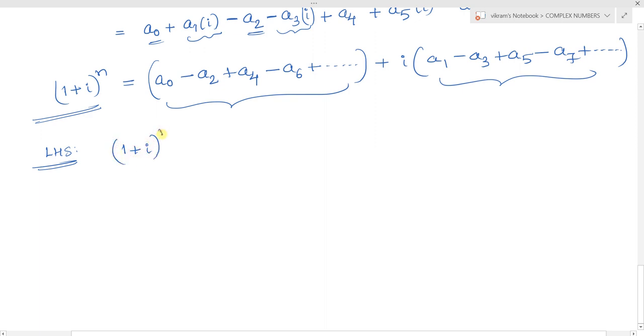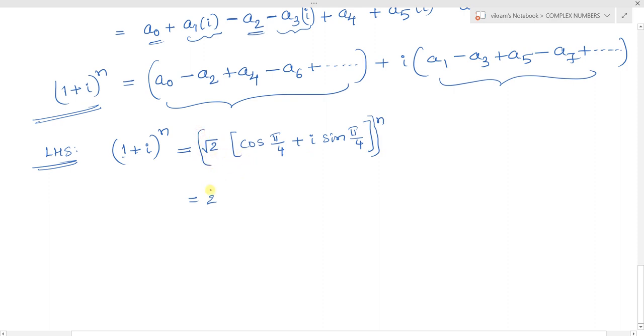In previous problems we have seen how to solve this. In polar form we can write r equals square root of 1 square plus 1 square, which is root 2, into cos of tan inverse of imaginary by real, 1, that is pi by 4, plus I times sine pi by 4, whole power n.